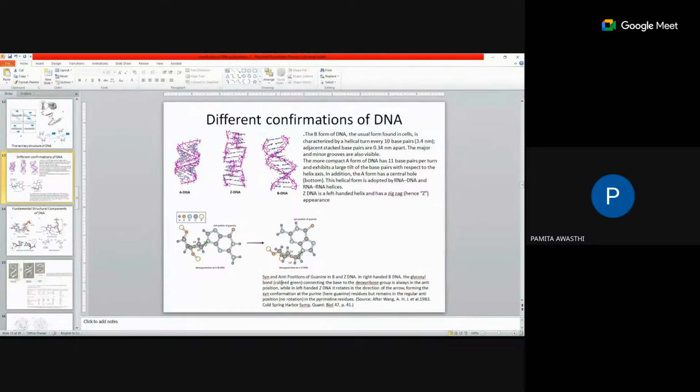So it is this syn conformation at the purine nucleotides that is responsible for the left-handedness of the helix. The change to the syn position in purine residues, giving an alternating anti-syn conformation, gives the backbone of the left-handed DNA a zigzag look. So this is the Z form of DNA, which is distinguishable from the right-handed DNA forms. Now I'll go more deeply into it.